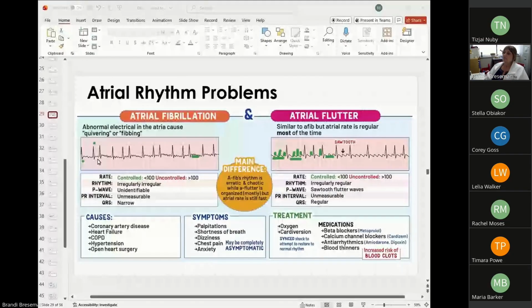So they may not have any symptoms. Treatment. If they're symptomatic, we're going to get them on oxygen.